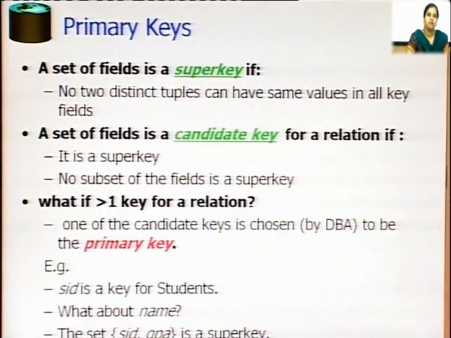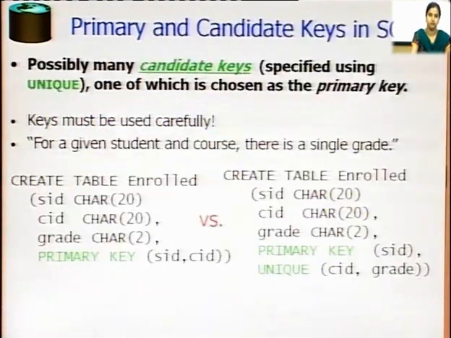Now, what is the primary key? A set of fields is a super key if no two distinct tuples can have the same value in all the key fields. A candidate key for a relation is a set of fields that is a super key where no subset of the fields is a super key. If there is more than one candidate key of a relation, then we choose one as the primary key.